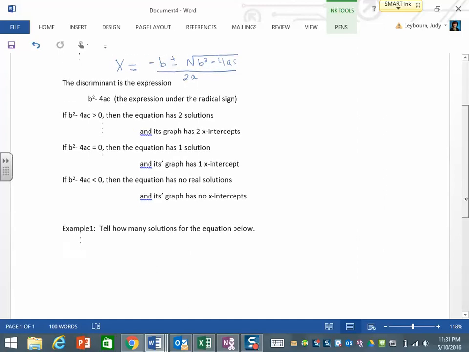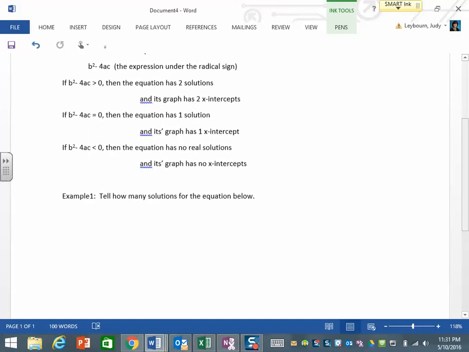Before we get into those application problems in class, I'd like you to look at this example. So the directions say, tell how many solutions for the equation below. And my equation is going to be 3x squared plus 8x equals negative 7.